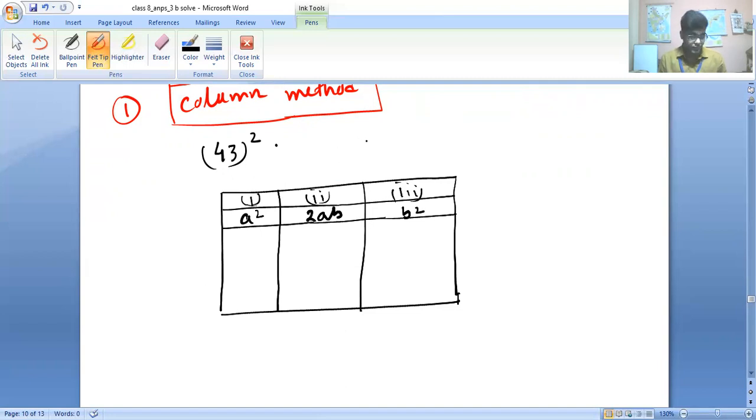For that, one digit you take as a, and one digit you take as b. In 43, this part you take as a, and that part you take as b. Clear? So here we make a square. So 4 square becomes 16. Here we will make 2ab. As you can see, 4 times 3 is 12, 12 into 2 becomes 24. And b square, very easily, 3 square becomes 9.